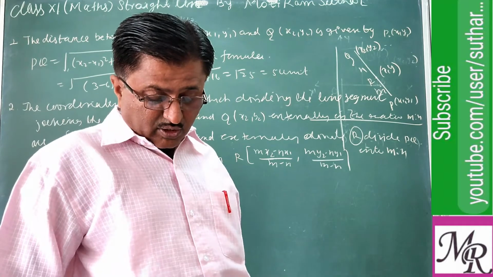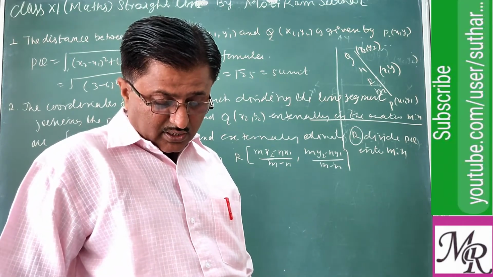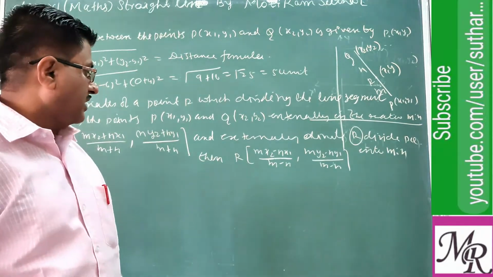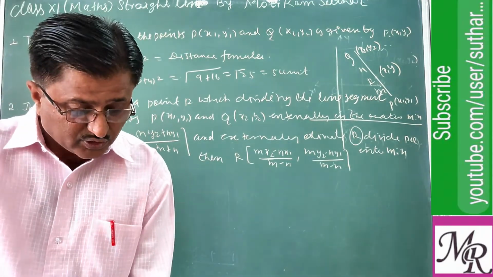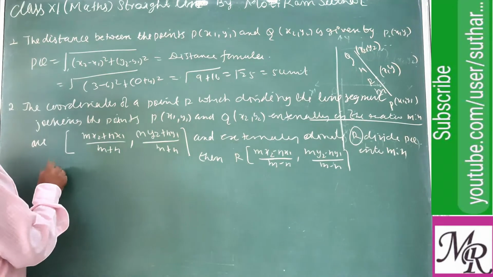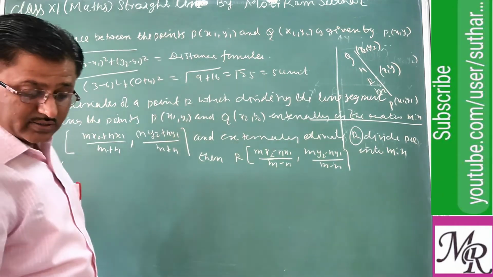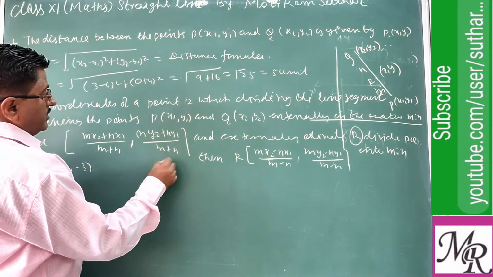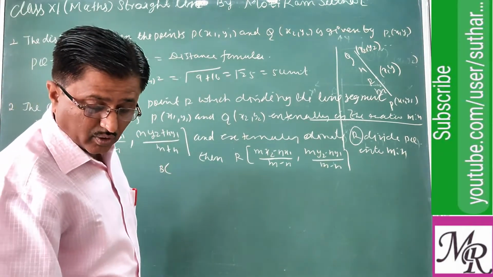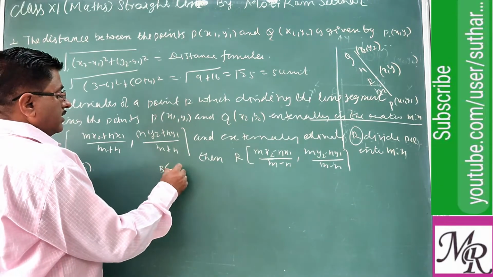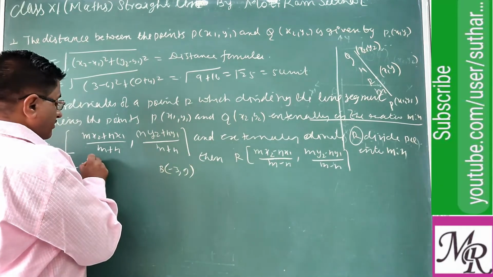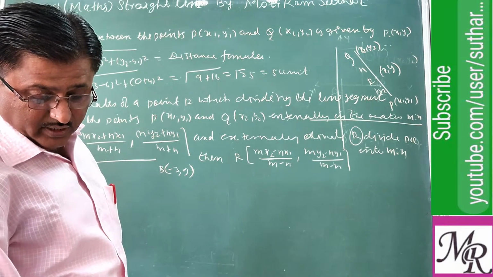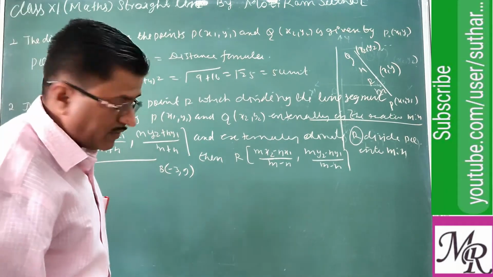Now one example is also given related to this. For example, the coordinates of the point which divides the line segment joining the points A and B, with coordinates 1, minus a and B given as minus a, 9. The point divides internally in the ratio 1:3.